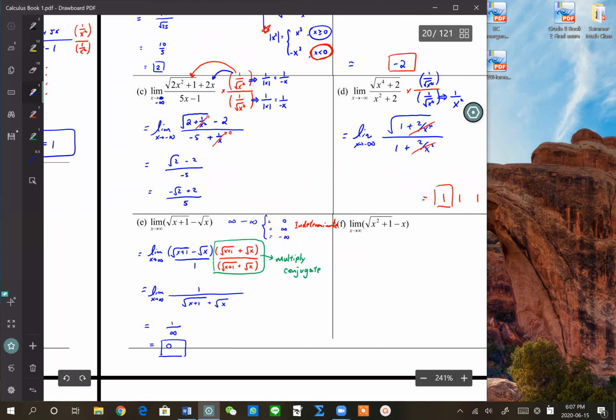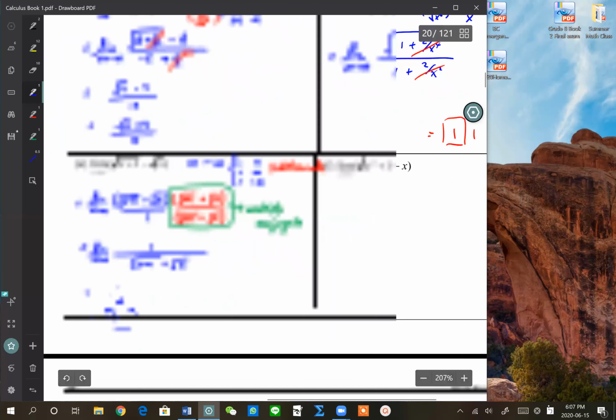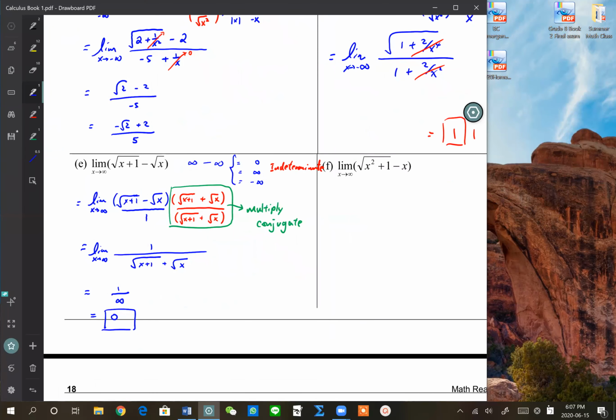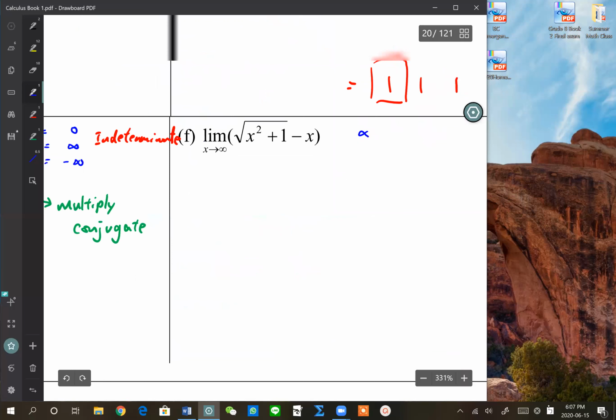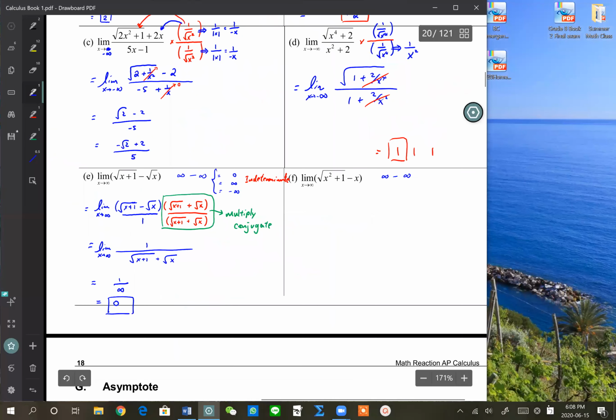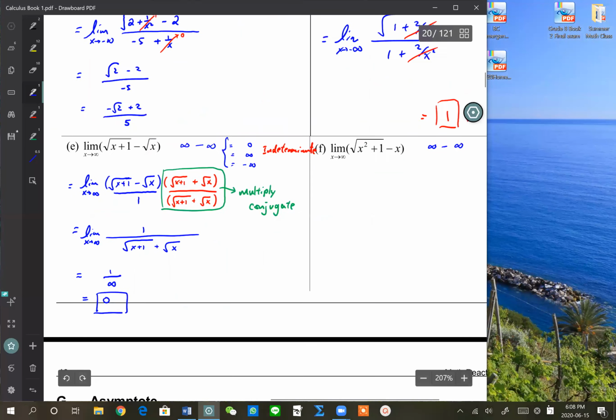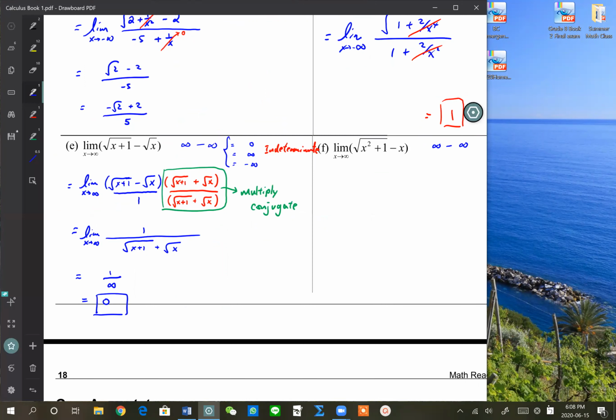Okay, so last question, I would like you to try it by yourself. It's kind of similar, right? If you just sub in right now, you get infinity over minus infinity. So that's also indeterminate. So in question E, we end up with the first case where they are the same.